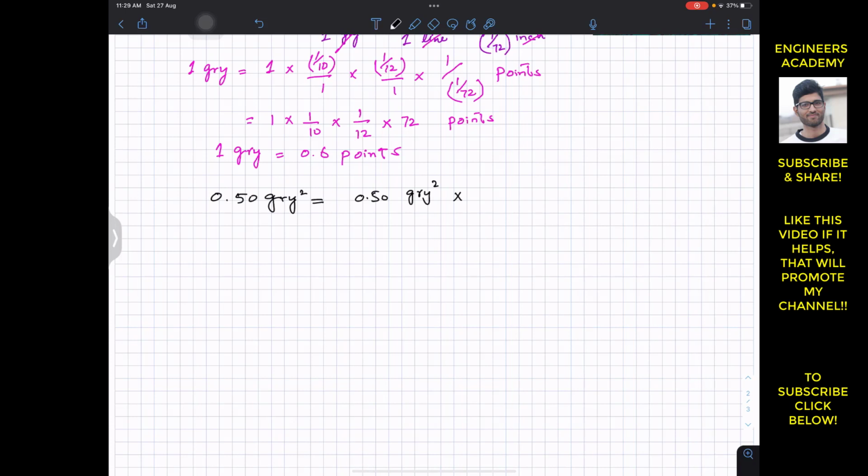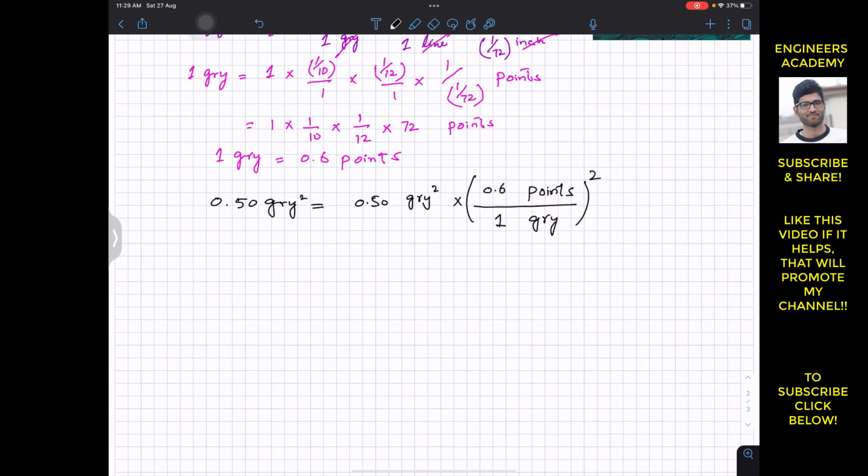We want to cancel out this gray squared unit, and we want to have point squared in our answer. So in the denominator we need to write gray, and in the numerator we need to have points. Now 1 gray is equal to 0.6 points, and now we need to have gray square, so we need to take the square of this whole fraction.